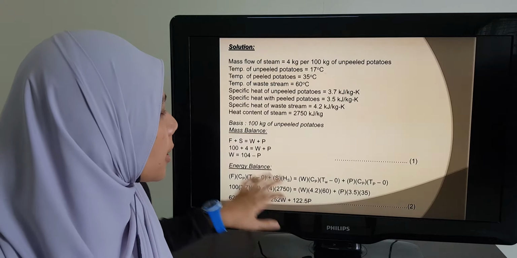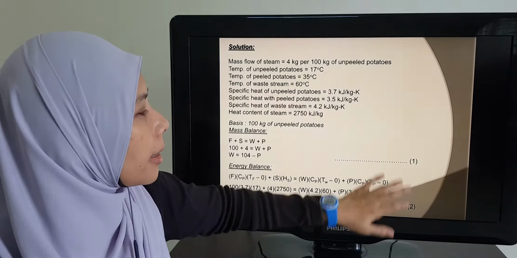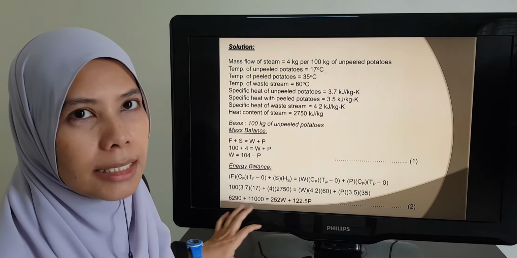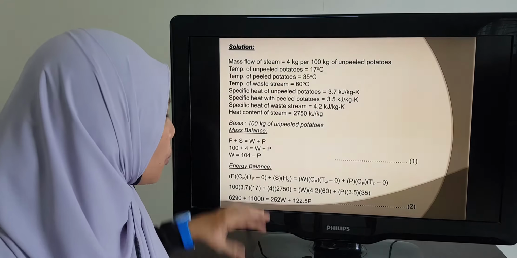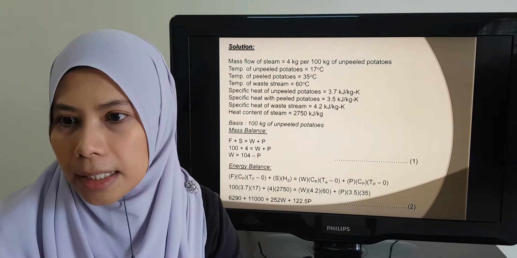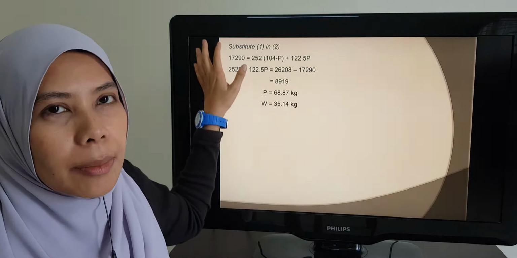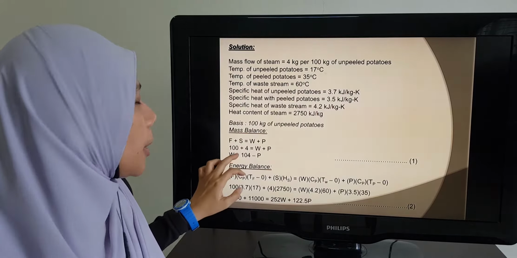So you can see we can solve this problem as simultaneous equations: this one is equation 1 and this one is equation 2. Please add on your own: 6290 plus 11,000, so you will simply get 17,290. Substitute equation 1 into equation 2, because just now we took out W here.